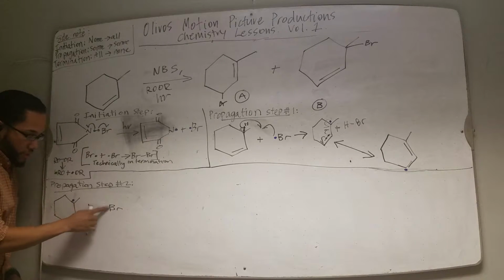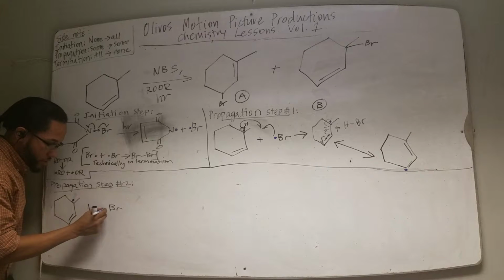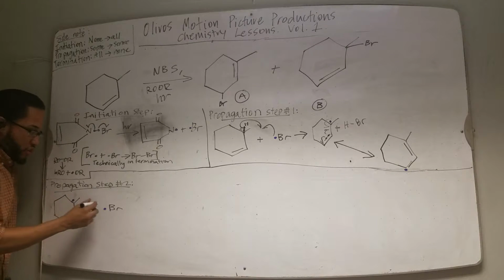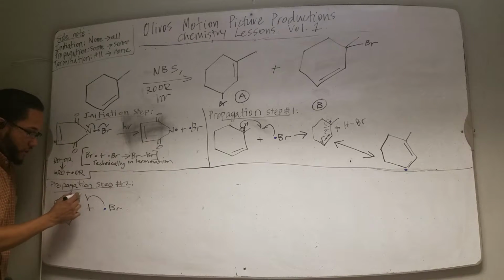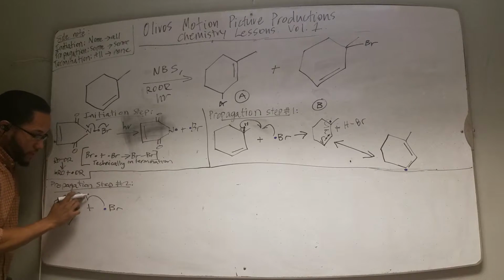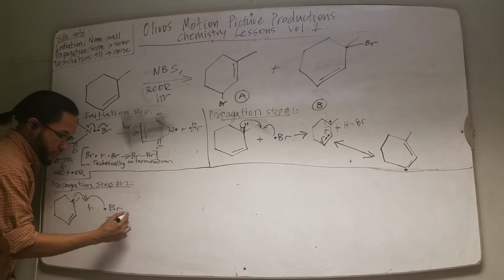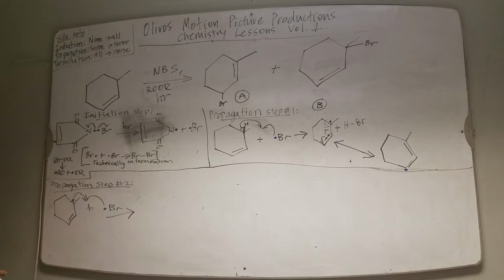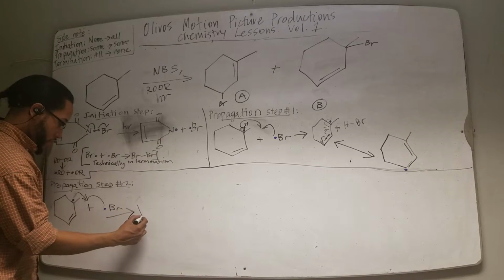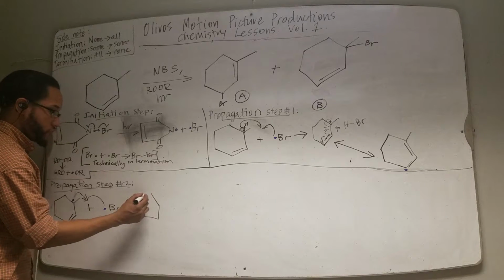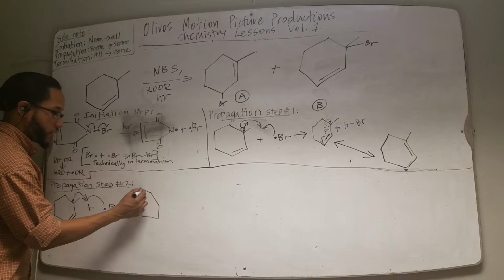So now this electron could go over here and go there, so that you can make your real compound, your desired compound.